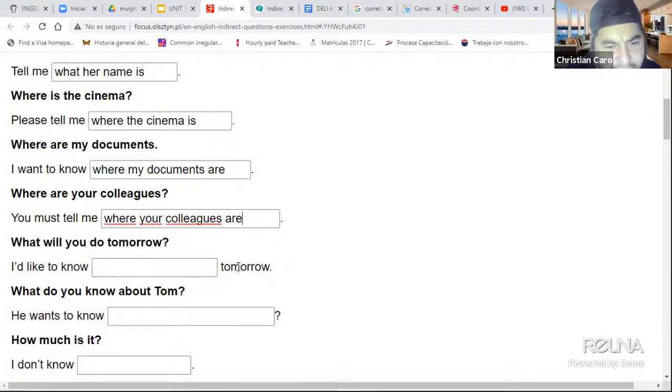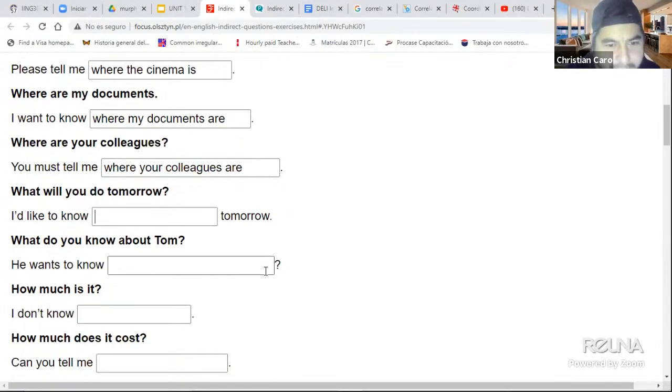What will you do tomorrow? Yeah, remember to switch the tense into affirmative. You know, that's the most important part. In this case, it's not necessary to use if or whether, for example.